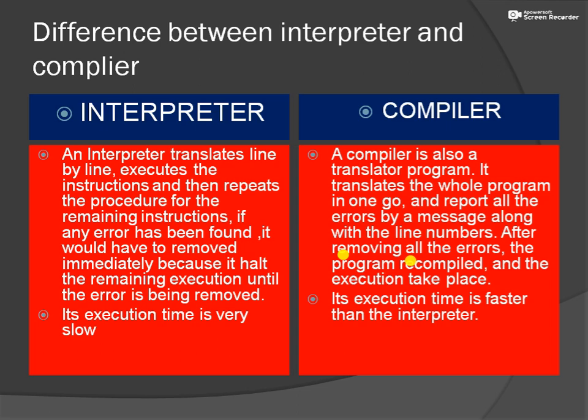After removing all the errors, the program is recompiled and the execution takes place. The execution time of compiler is faster than the interpreter. So students, that is the difference between interpreter and the compiler.